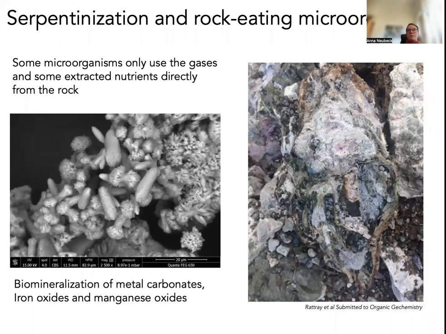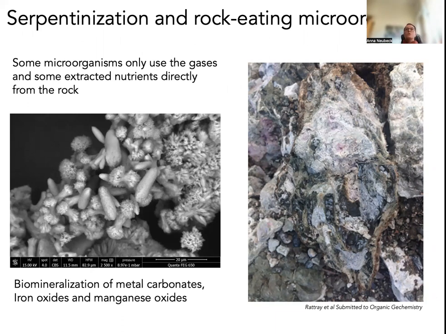And then we sampled the rocks themselves, and we could see that these methanogens were also living inside the rocks and in all kinds of rocks from the serpentine environment. And most of these rocks, if we looked at the functional genes, they were using gases.